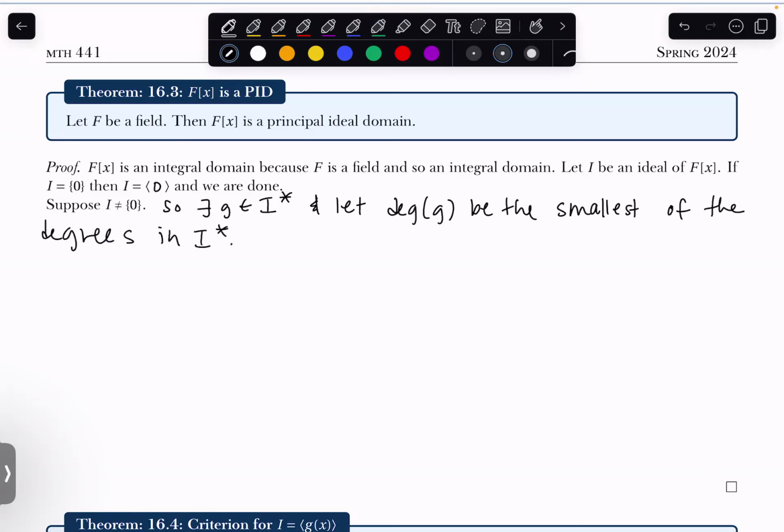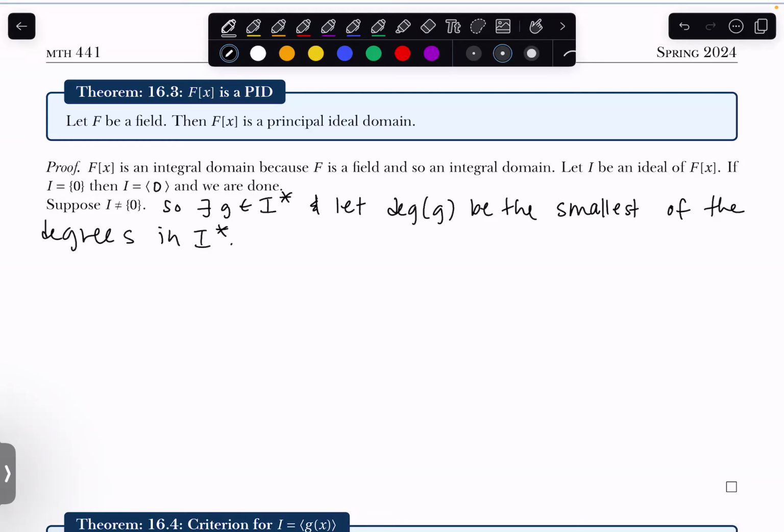Again, excluding our zero, regardless of how you think of the definition for the degree of your zero polynomial, if it's negative infinity or if it doesn't exist, we just want to exclude that from the options. So we're going to look at this list of polynomials, and we're going to choose one polynomial that has the smallest degree. It could have degree 0, 1, or 2. All that's telling us is that any polynomial of smaller degree can't be inside of our ideal.